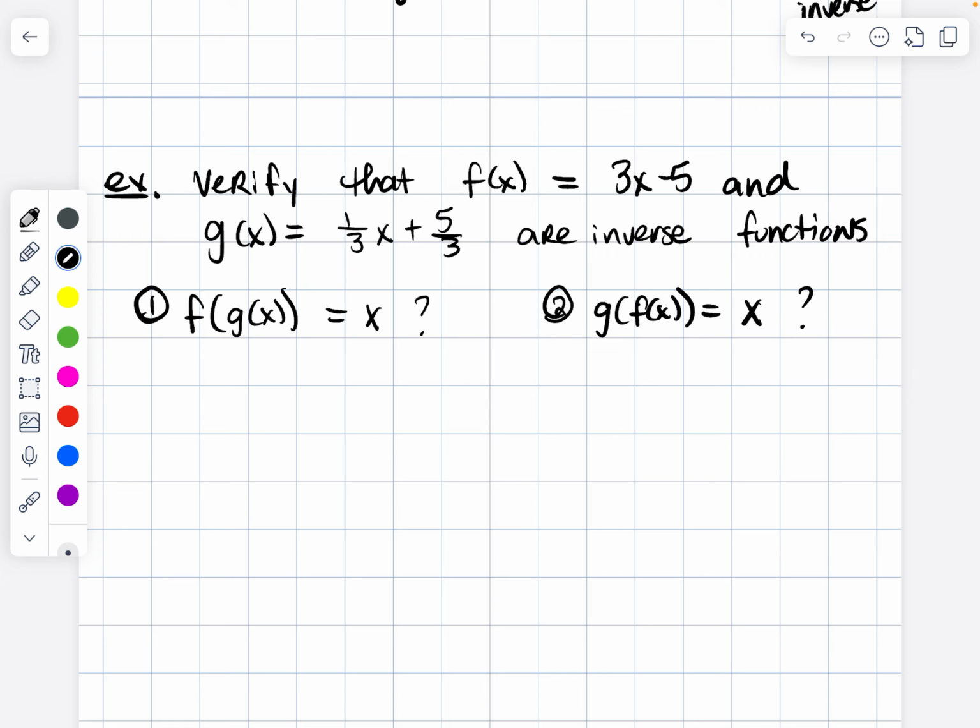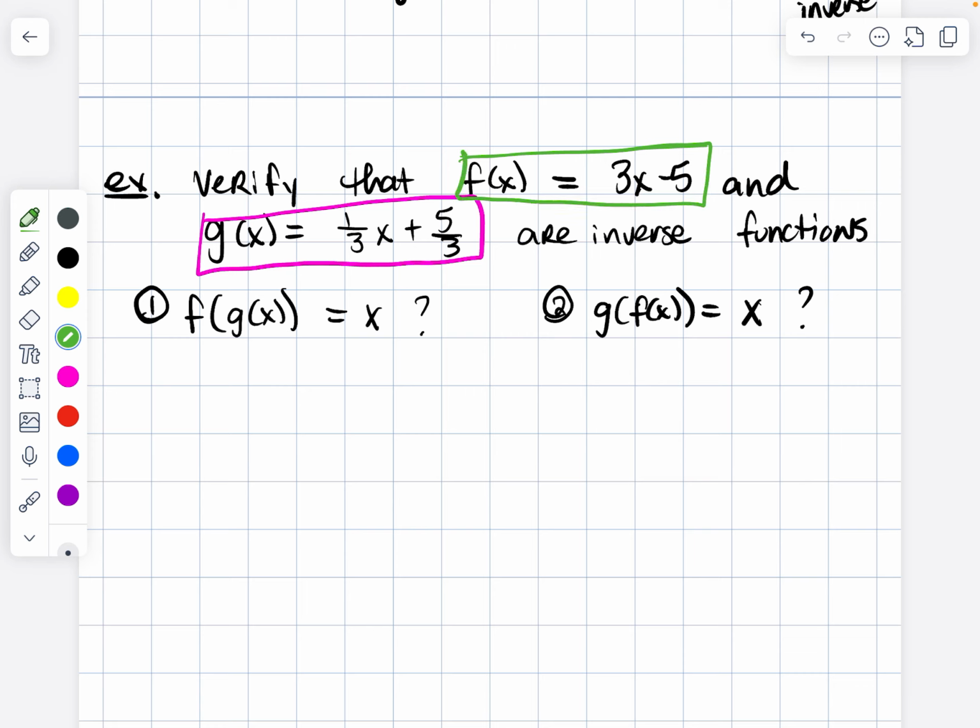So I like to use colors because it just helps to differentiate things. So let's say our g of x is pink, while our f of x here is going to be green.